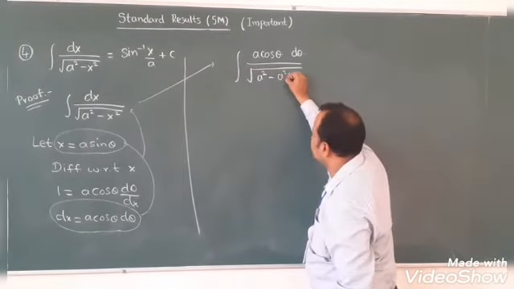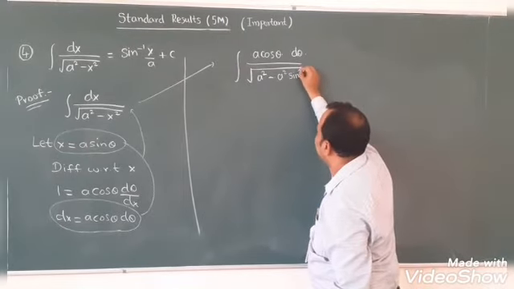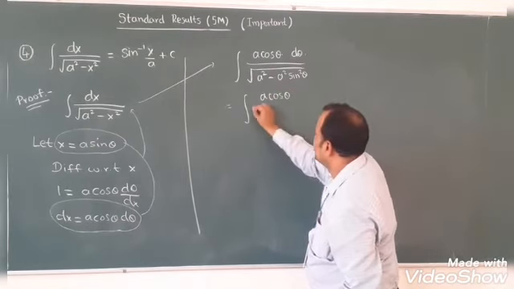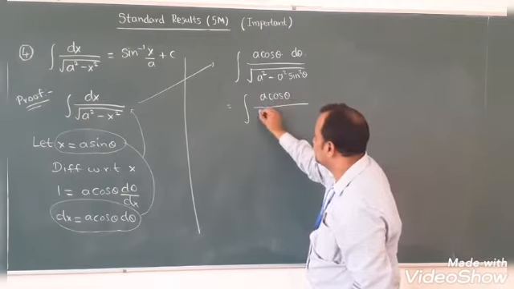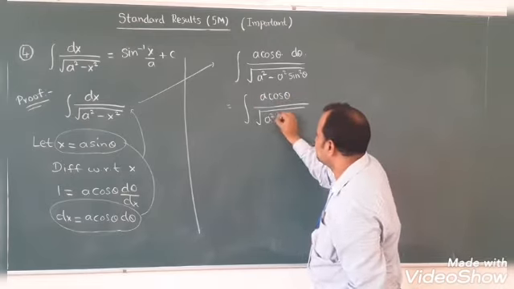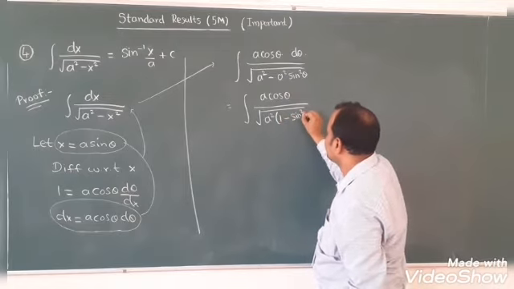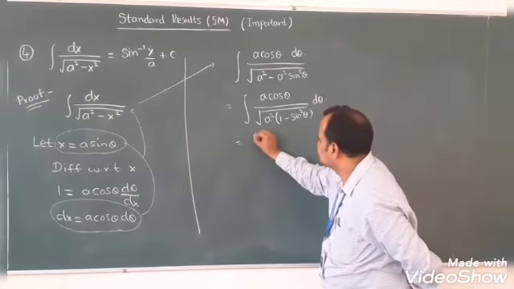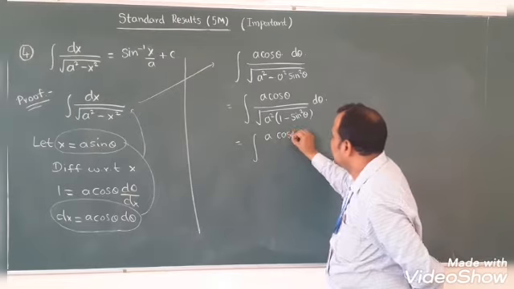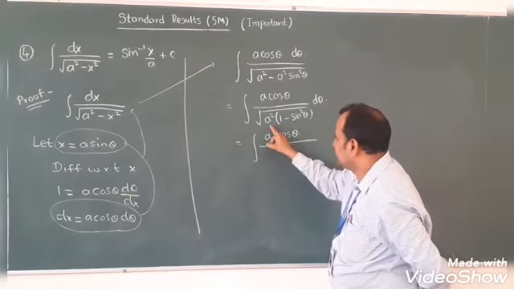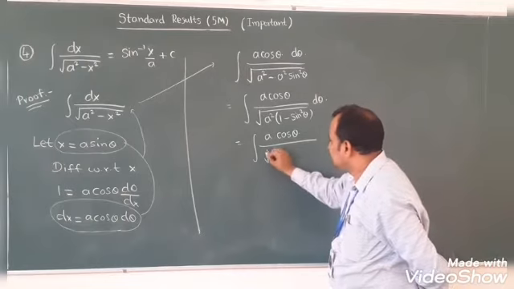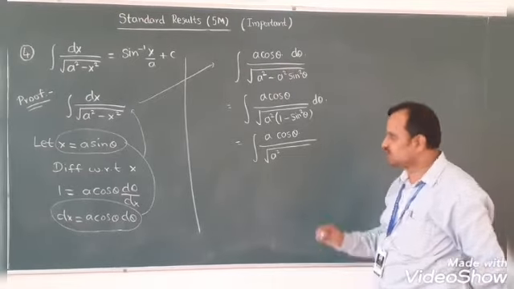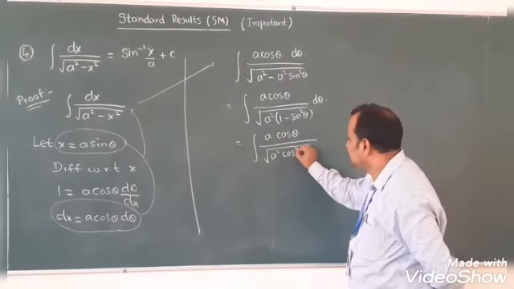X square is nothing but a square sine square theta, or this we can write as a cos theta divided by, so a square is here, we can take a square common. What you will get? 1 minus sine square theta, d theta. Now look here, a square is here, so let it be a square inside the root only. 1 minus sin square theta can be written as cos square theta. So this will become cos square theta.